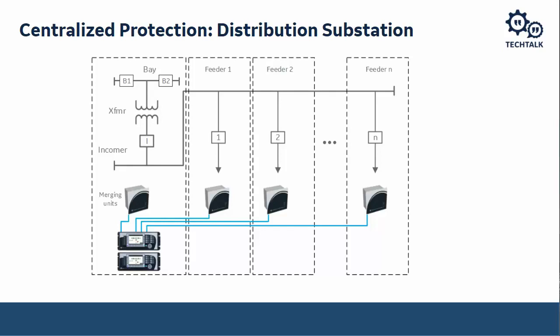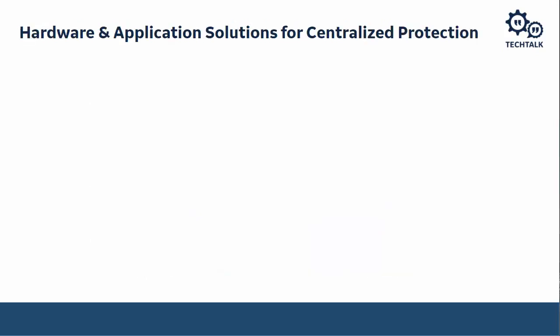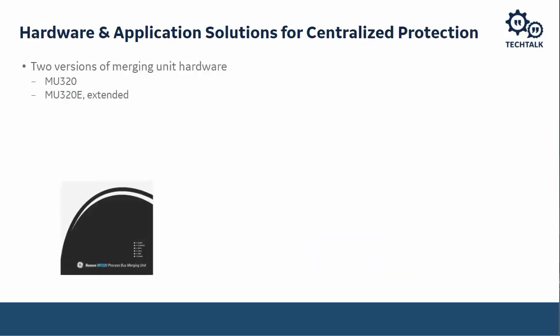Now, the pieces that build this sort of system, the first one is the merging unit, which I just mentioned. There's two variants of the merging units that we offer. There's the MU320 and the MU320E, E standing for extended. So extended has a little bit more I/O capability than the standard MU320.